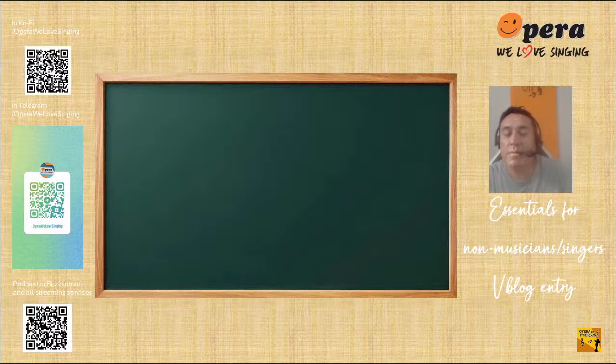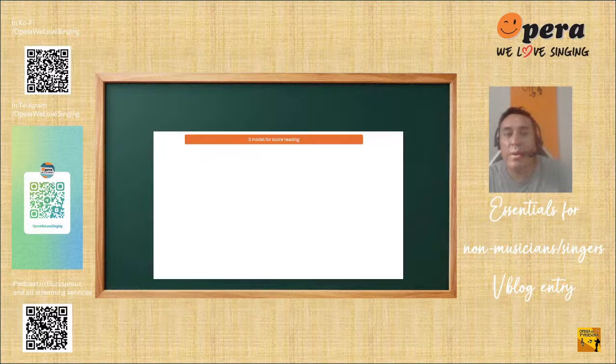We closed the previous session by sharing a three-dimension model that I am proposing for you to be able to put in just one place most of the information that we get when we read a music score.